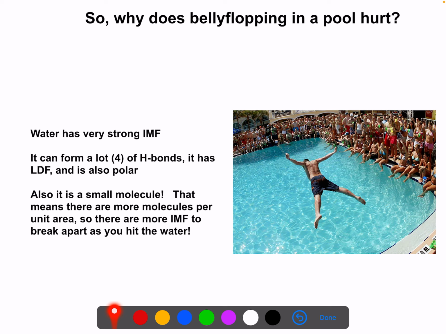The point of that is to agitate the surface so the hydrogen bonds are being broken for you, so that when you jump in, it's not going to hurt because the surface tension is already destroyed. So if you are learning to dive and don't know how to do it correctly, even if you belly flop, it's going to hurt a lot less because that surface tension has been destroyed.